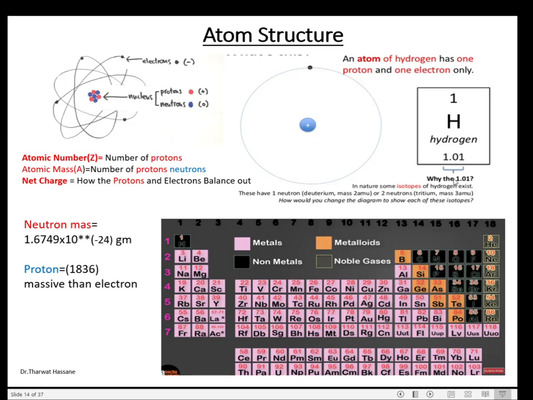The conclusion out of the atomic structure is that it has protons, electrons, and neutrons. The proton and the neutron are called the nucleus. It's the core of the atom, and the electrons are moving around in circular orbits at very high speed, in shells around the nucleus of the atom.